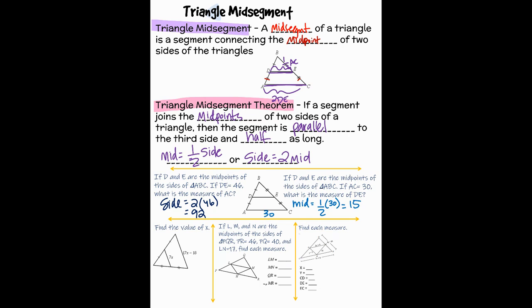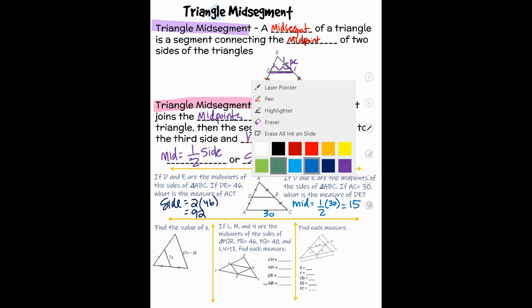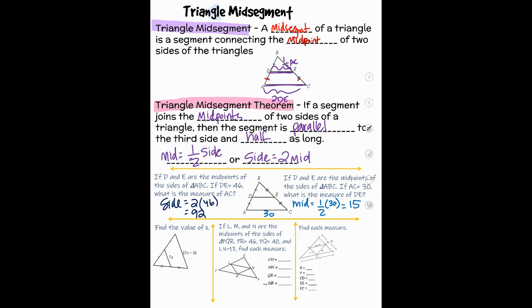Of course, it's not going to be all that easy. We're going to add in our variables. So we can tell by how our picture is labeled, since this is congruent to this and this one is congruent to this one, that this has to be a midsegment. And this is our side that is parallel to it.